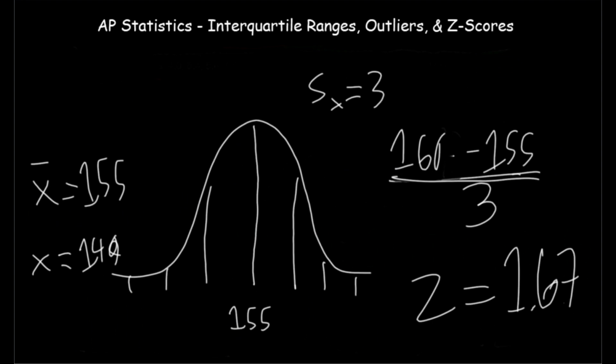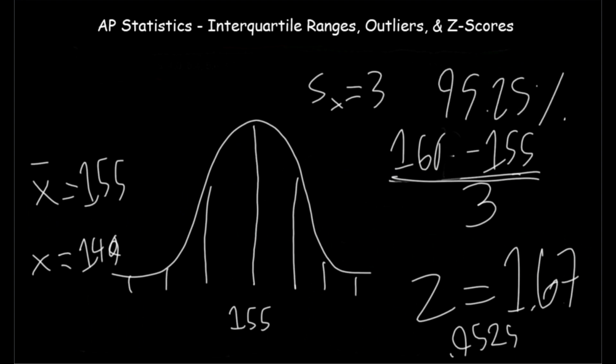And when you look in your z-score table, 1.6, and then 7. Okay, so you had 95.25% as your value.